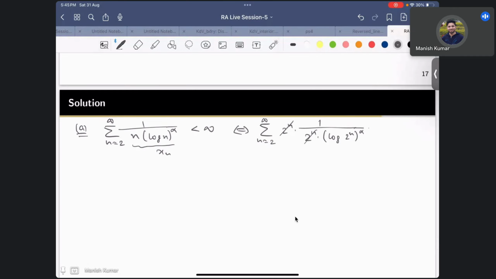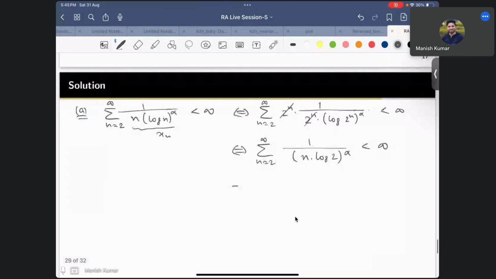So this is convergent if and only if this is convergent, which is another way of saying the summation n equals 2 to infinity of 1 by (n log 2) raised to the power alpha converges. If you use the log property, you just take log 2 outside.